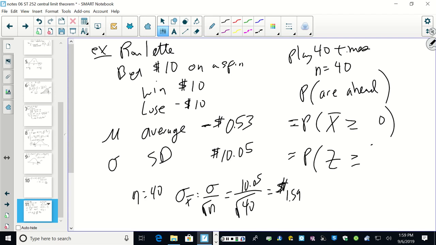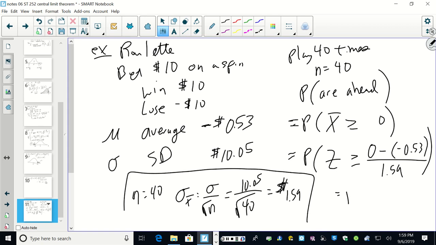If we take 0 minus the average, so negative 0.53 here, and then divide by the standard deviation for x bar, 1.59, this is kind of a side calculation. This is going to be the probability that a standard normal is greater than or equal to 0.33.